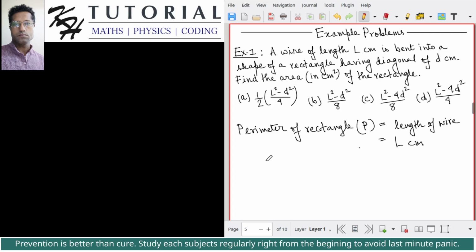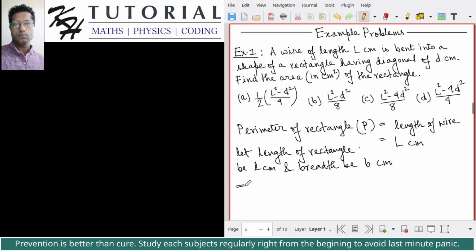Now let the length of the rectangle be l centimeter and the breadth of the rectangle b centimeter.